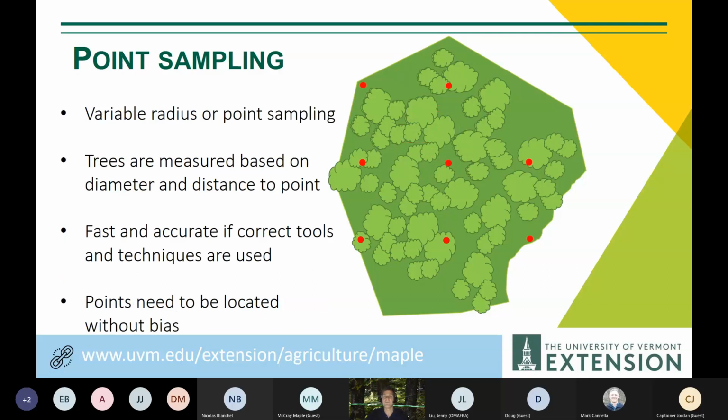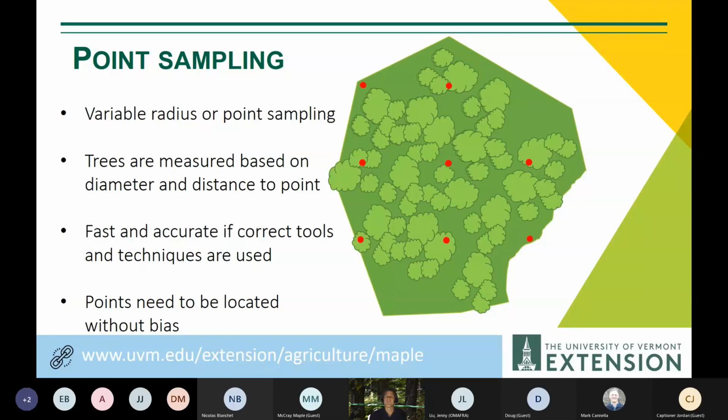The third type of sampling would be what's called point sampling or variable radius sampling. And this is when you establish points similar to a plot sample, but instead of measuring a diameter, you use a tool to sample, and trees are counted based on their diameter and the distance from the point that you established.